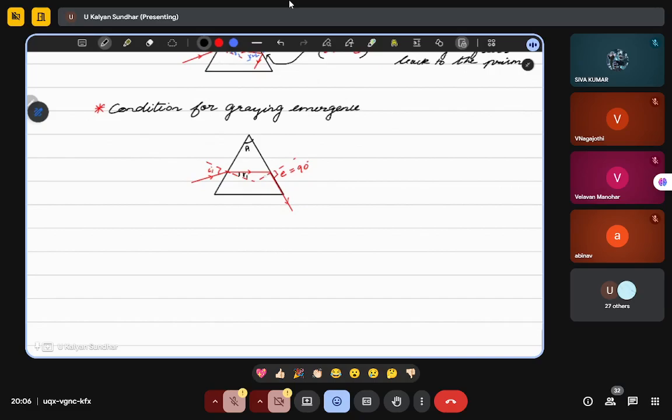And this is your R1 and second refraction is R2. So here E will be equal to 90 degree and your R2 should be equal to your critical angle theta c.